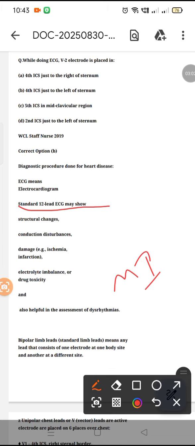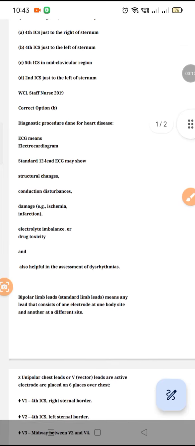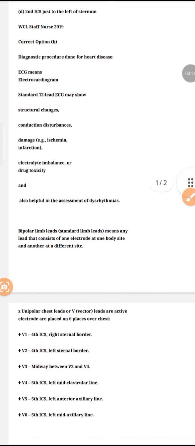So in this question they are asking where we will keep the V2 electrode. We have two types of electrodes in the ECG: bipolar limb electrodes and unipolar electrodes. Bipolar electrodes means any lead that consists of one electrode on one side of the body and another on the other side of the body.